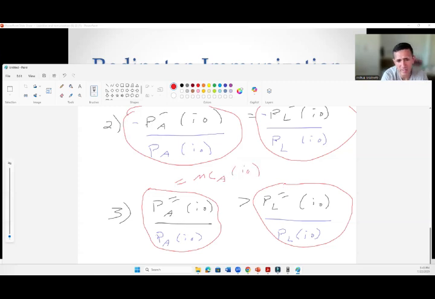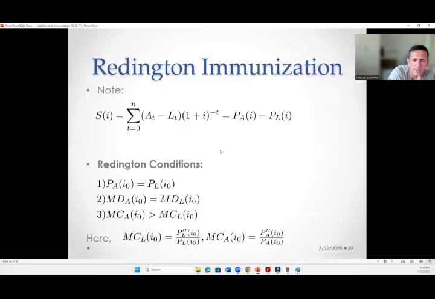By definition, we define modified convexity to be this, and we define this to be modified convexity for my liabilities. So that's why this is true.